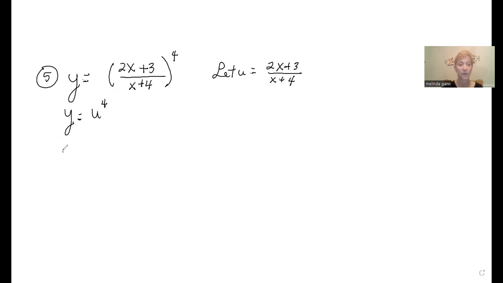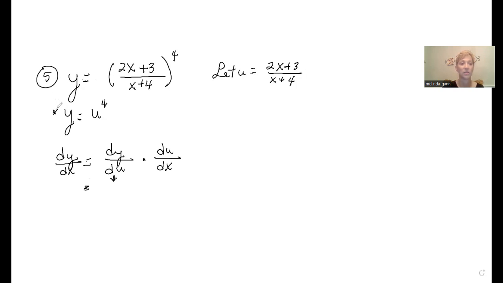Okay. So then I use my chain rule. The derivative of y with respect to x is the derivative of y with respect to u times the derivative of u with respect to x. It's like two derivatives in one problem. So what's the derivative of y with respect to u? Where do you have y's and u's together?